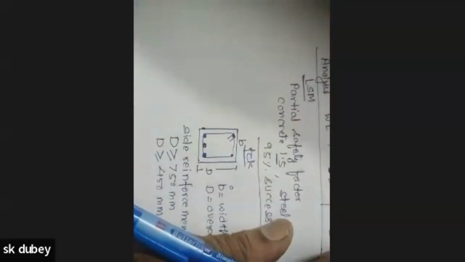When is it provided? If torsion is not considered, when the overall depth D is greater than or equal to 750 mm. This is a popular question of competitive exams: when we have to provide side reinforcement in beams.